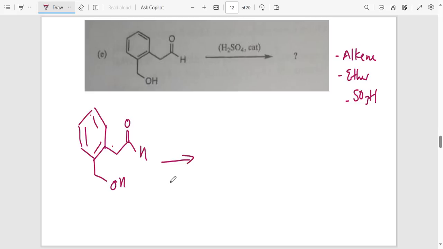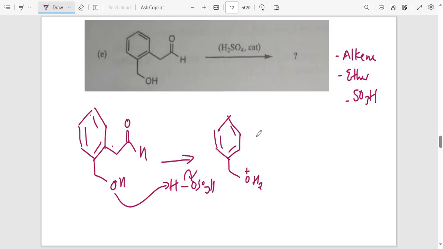But what is the first thing that happens? Hydrogen from the sulfuric acid is going to be grabbed by the oxygen, and this bond is going to break off. So I've got this one with a positive. It has got two hydrogens.